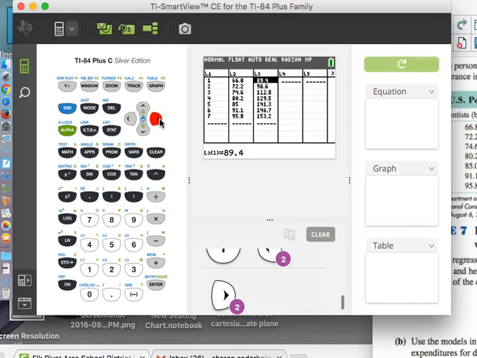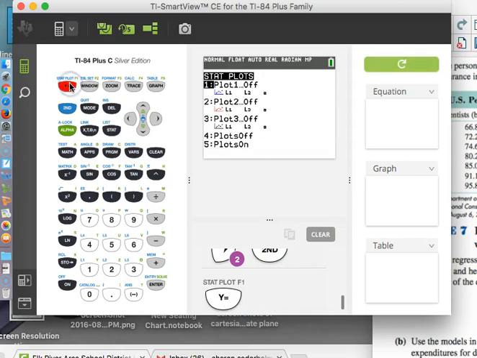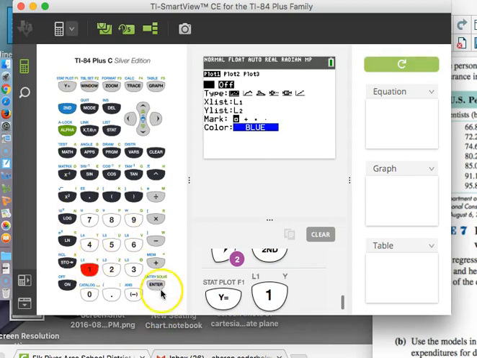Now, it had said find linear regression equations, and in the last sentence to part A, it says superimpose their graphs on a scatter plot of the data. So we want to see that data in a scatter plot. And again, you can pause this video at any time if it takes you longer to get the numbers in. But what we're going to do is second stat plot, so second y equals, and we're going to turn those stat plots on.